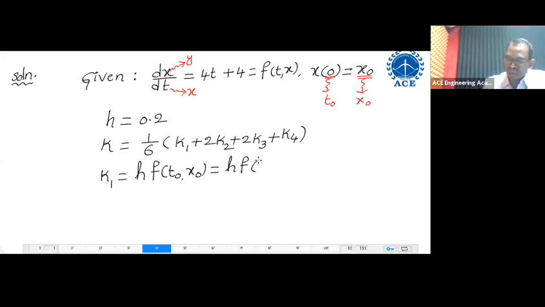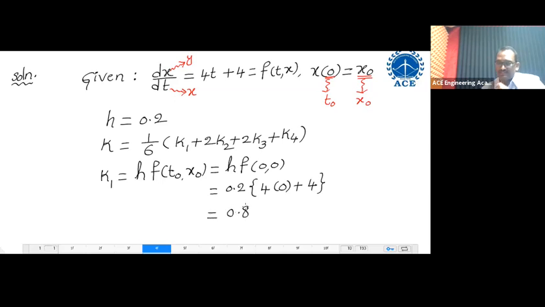So t naught value is 0 and x naught value is 0. h value is 0.2 here. f of 0 comma 0 is 4 into 0 plus 4, so k1 is 0.8. Increment in x is only the k value.